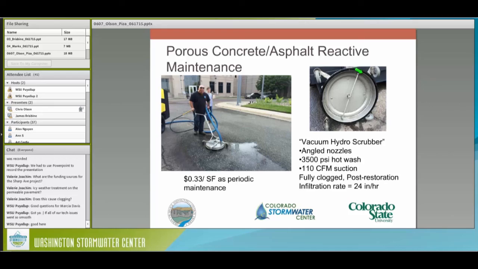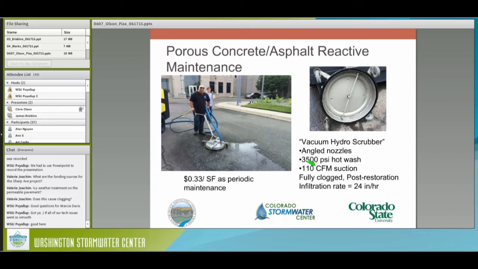You'll see there's some specs here in terms of, Holly had mentioned that not all of these are created equal, and so for this particular application we asked the contractor what the specs were in terms of pressure washing and vacuuming, and these were the specs that they gave us: about 3,500 psi and 110 cubic feet per minute of suction.